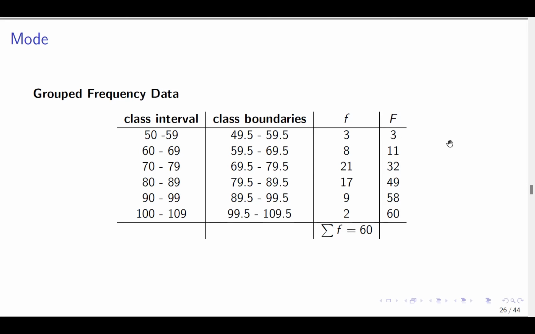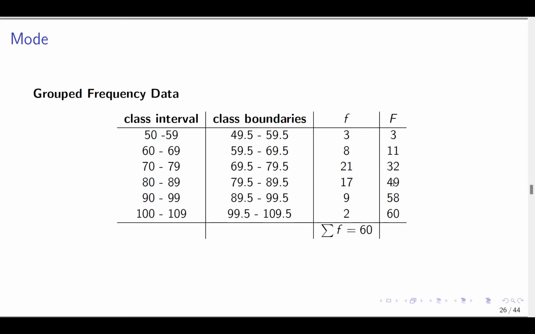So for the first row, the frequency is 3, and then cumulative frequency is still 3 because there are no values preceding it. Now for the second row, frequency is 8, so the cumulative frequency is 3 plus 8, and that gives us 11. Third, we have 3 plus 8 plus 21, giving us 32. We have 3 plus 8 plus 21 plus 17, giving us 49.